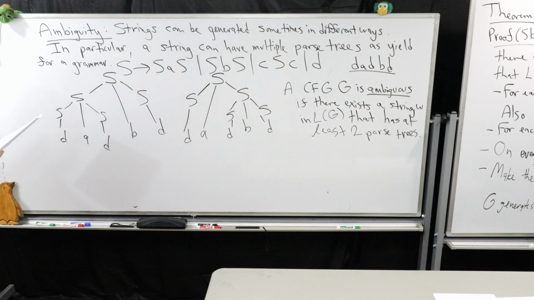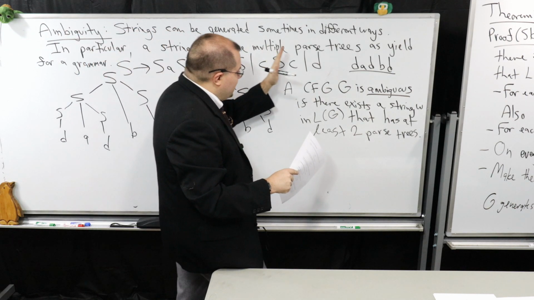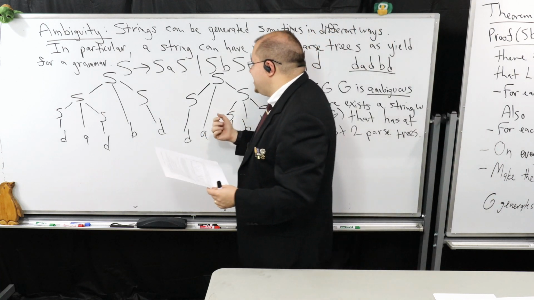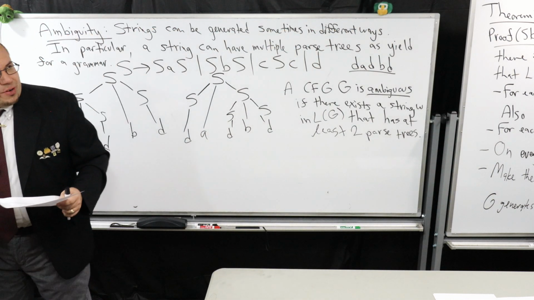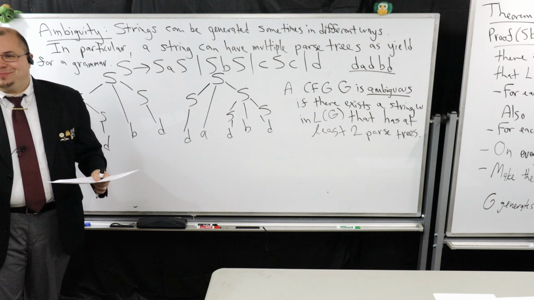Now, I must stress another bit of terminology: if I give you this string and I present you two parse trees like this, I would say that the string DADB was derived ambiguously. So we like it if it was unambiguous, as opposed to just being ambiguous.